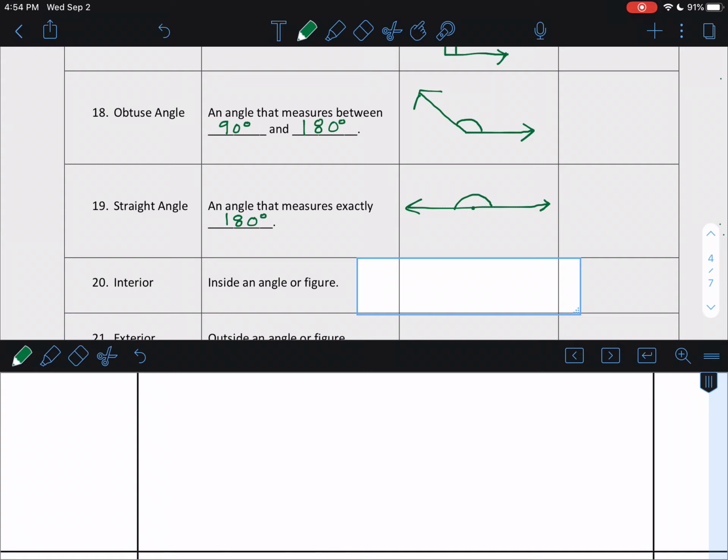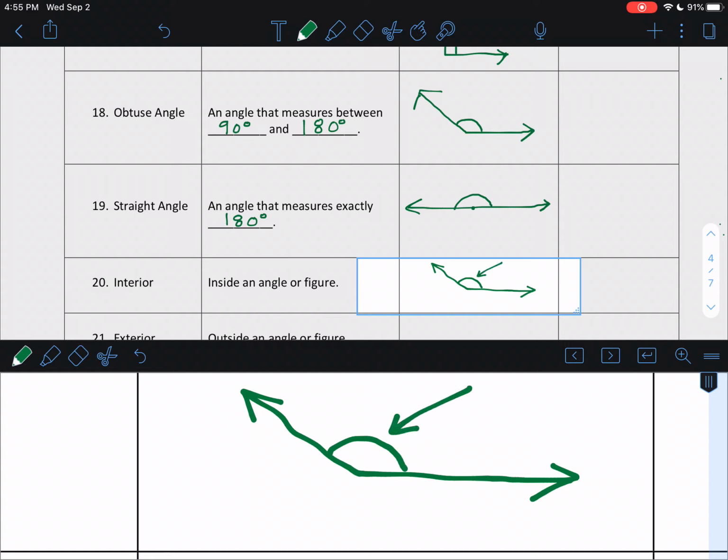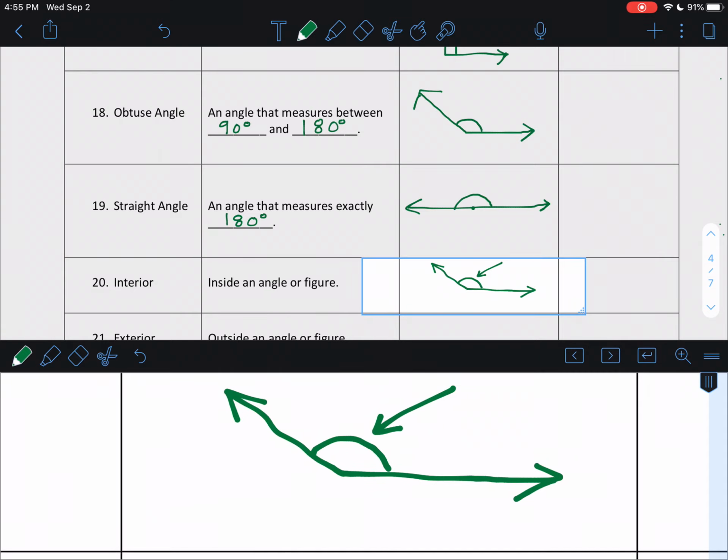So let's say I'll give myself a nice obtuse angle here. So this part right here is the interior. And there's no way to name an angle interior.